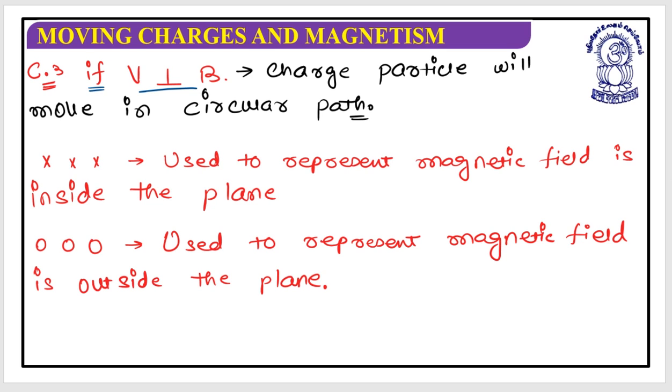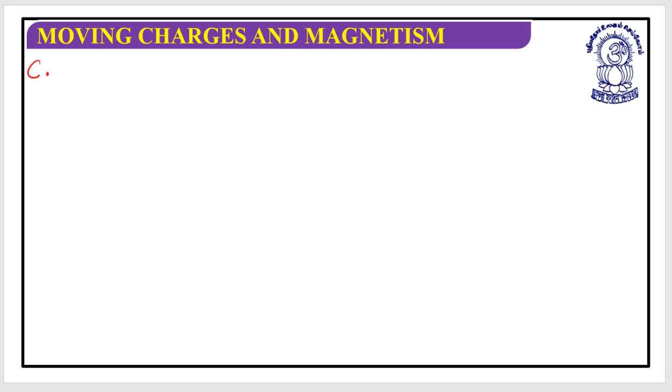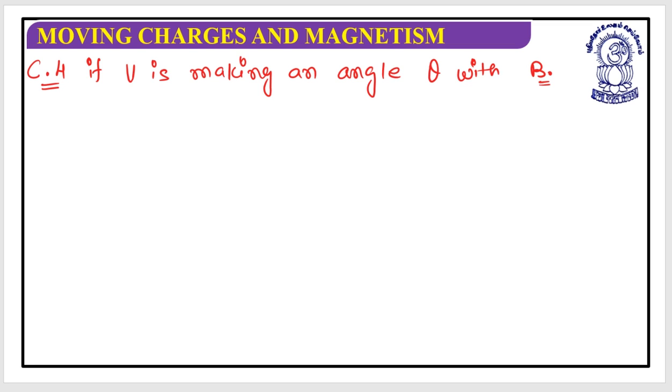Great. Now let's switch to the next case, case number 4, if velocity is making an angle theta with magnetic field B. When I say that velocity is making an angle theta with B, theta could not be 0 and could not be 180 degrees.